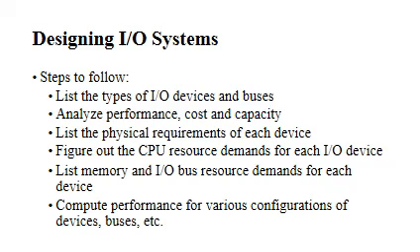Then list memory and input-output bus resource demands for each device. It may be that the bandwidth of main memory and the input-output bus can offer a bottleneck, particularly when many devices are connected to a single bus.